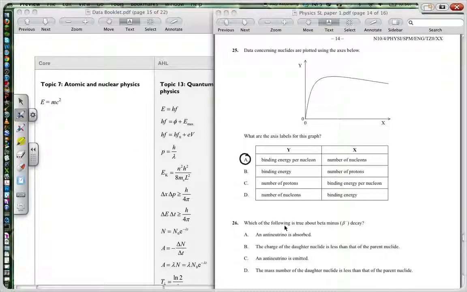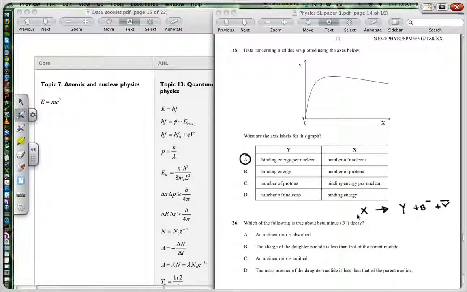Going into this one over here, which of the following is true about beta minus decay? With beta minus, what happens is if you have X and it goes to Y plus beta minus, it gives off also an anti-neutrino.